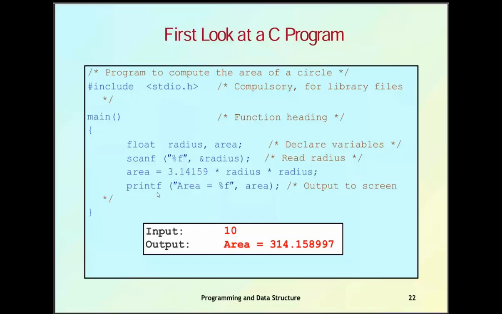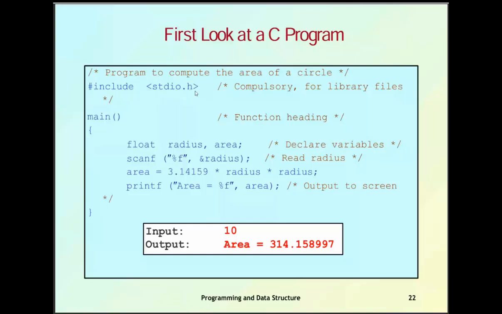So all such corresponding codes are written in your header file. That's why if one has to use the scanf and printf functions in their code, they must include the standard input-output .h header file. Now let us discuss this header file or library file more.